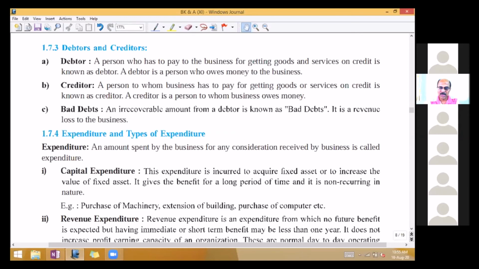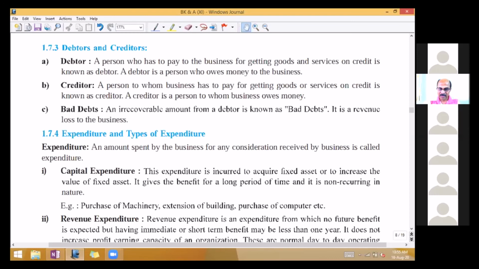Whatever you spend, students, is called expenditure. Expenditure is of two types, and I'm going to come to it later on. Right now, whatever you spend, you have some money in your pocket, you spend that money, it's called expenditure.